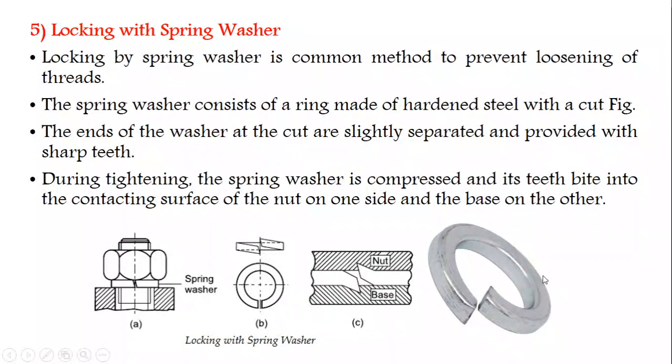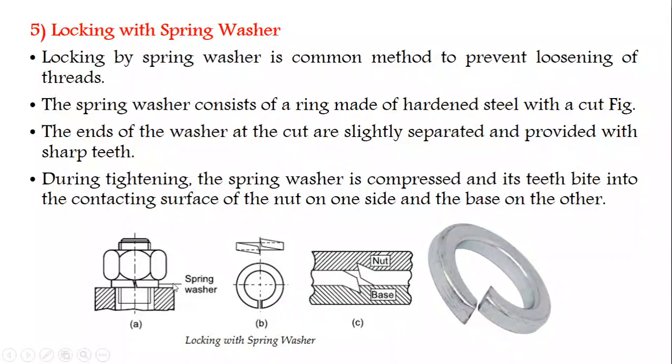The ends of the washer at the cut are slightly separated to provide sharp teeth. The cut is slightly separated. The edge of the cut is like a tooth, sharpened. During tightening, the spring washer is compressed and its teeth bite into the connecting surface of the nut on one side and the base on the other side.